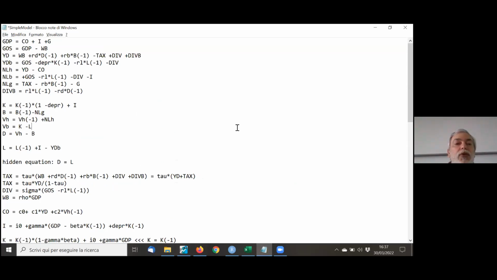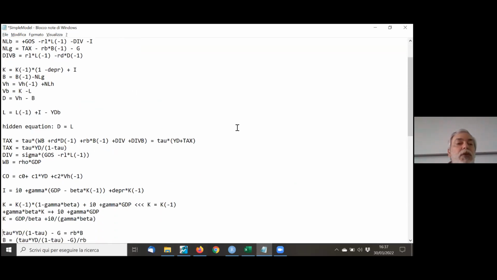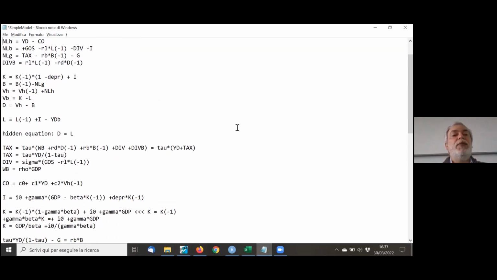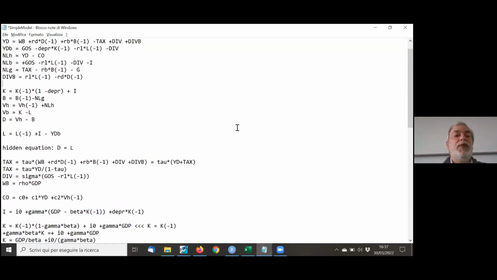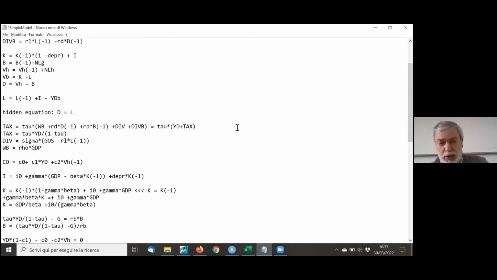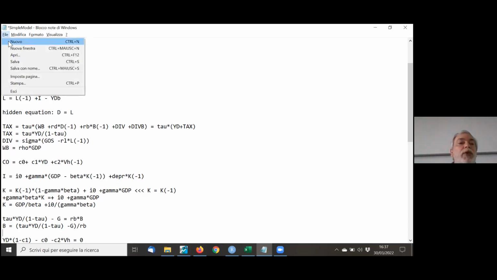So what I'll try to do before we meet again is to go through my algebra with the simplified model without investment and get the long run solutions, so that we can try to use them for finding a good investment equation. And this is one way to solve our problems.